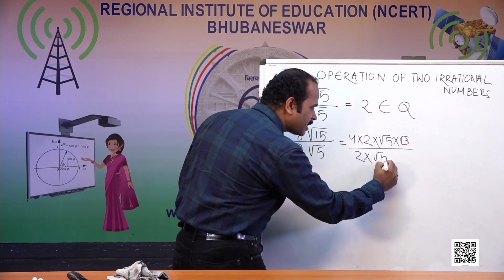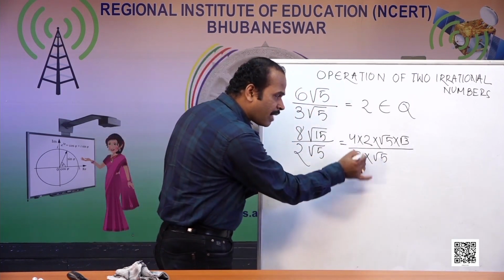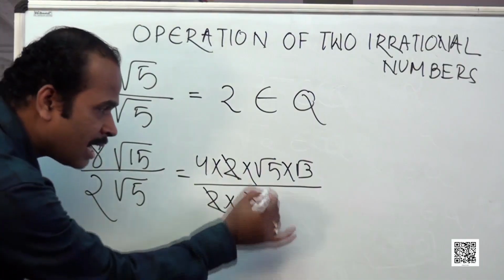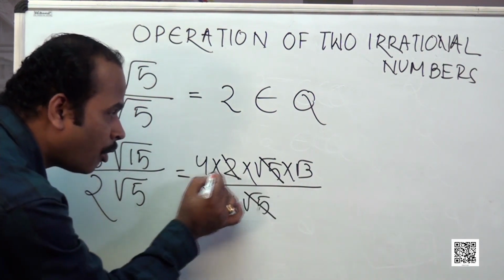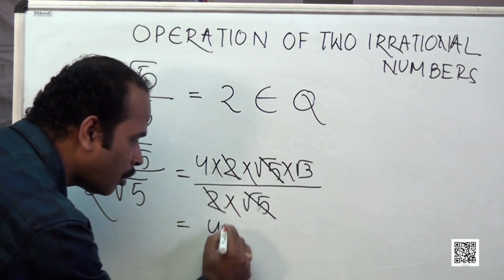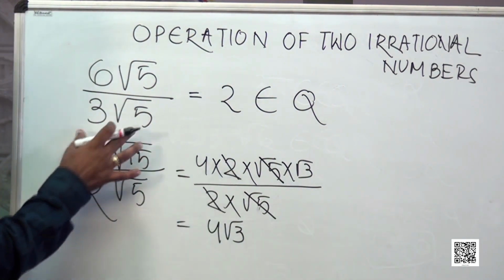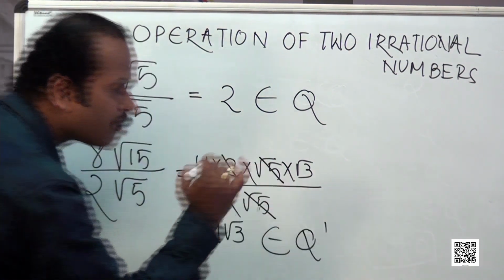Now what are the common factors in both the numerator and denominator? 2 is a factor in both the numerator and denominator, I can cancel. Root 5 is there, I can cancel. So what is left? The leftover part is 4 into root 3, which is 4 root 3. Now this 4 root 3 is an irrational number. So I operated two irrational numbers with the division process and I find the result is also an irrational number.